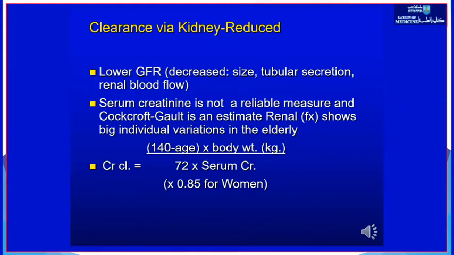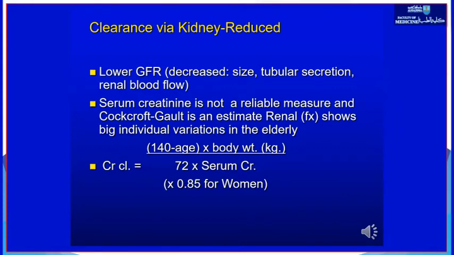As you know, the kidney function declines with age. So lower glomerular filtration rate is due to the fact that we have a decrease in the number and size of glomeruli, as well as a decrease in the tubular secretion and a reduction in renal blood flow. So serum creatinine is thus not a reliable measure of renal function in the elderly, because you know the creatinine is due to muscle breakdown.